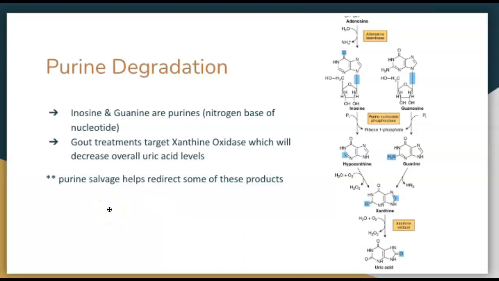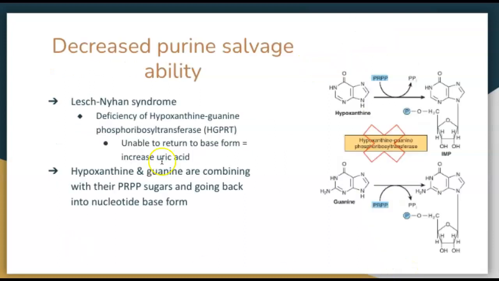So it's possible that, obviously, degradation is working well if we have high uric acid in this guy, but purine salvage could be part of his issue. In purine salvage, we take the hypoxanthine and the guanine and turn them back into the nucleotide bases to prevent excess uric acid.